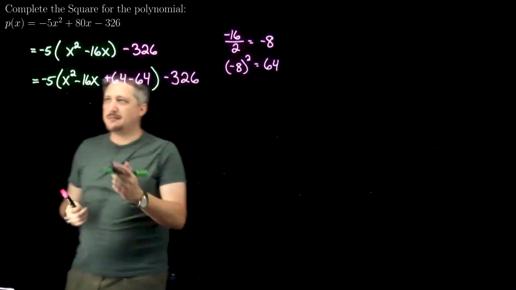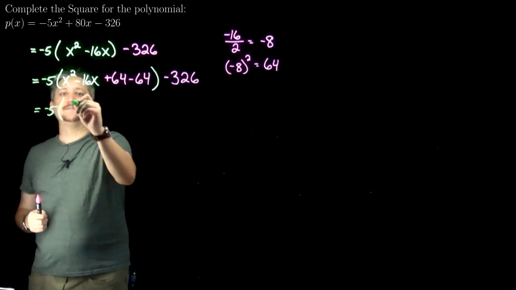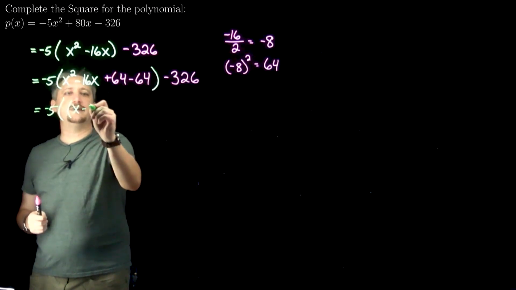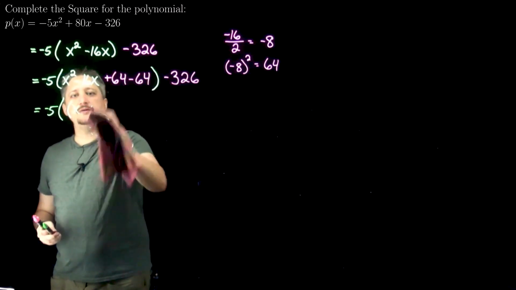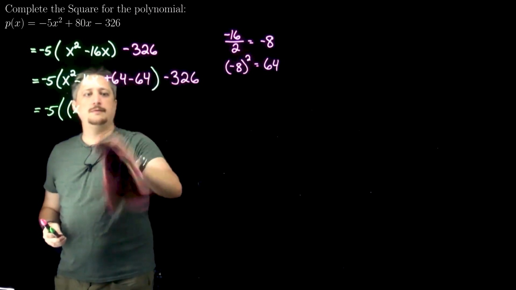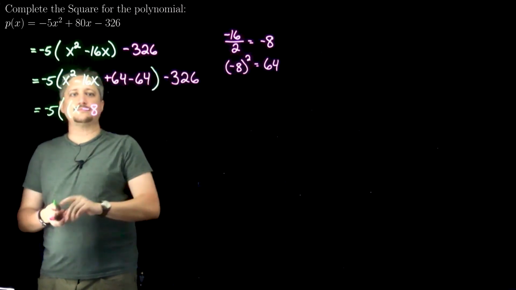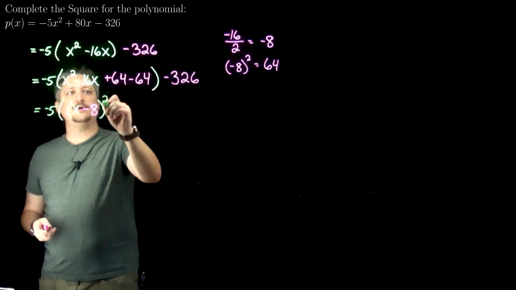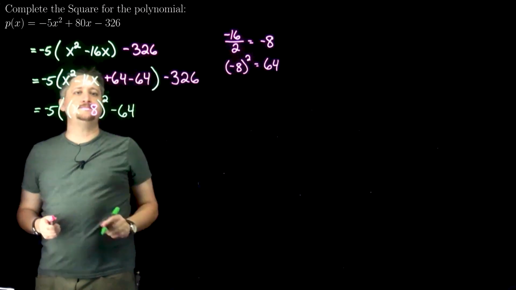So you don't have to memorize anything, but either way, you'll get there. That gets me x minus 8. And let me maybe color coordinate this a little bit better. So I'm going to have x minus 8 squared. That leaves me the -64 still.